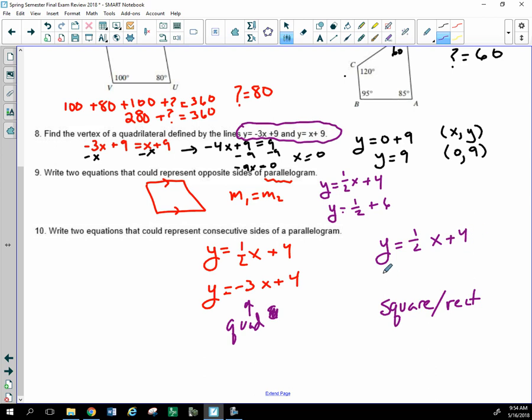There's my y-intercept, and then I need the perpendicular slope, which is the reciprocal of the 1/2 with the sign changed, which would be negative 2x plus 4, and therefore now I have a right angle. These two slopes are perpendicular, and they intersect at the point 0, 4. So it just kind of depends on how they ask the question.